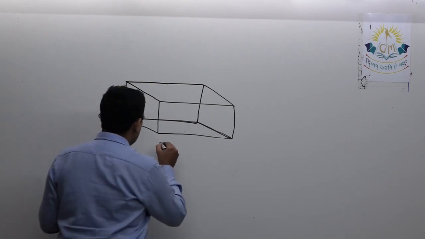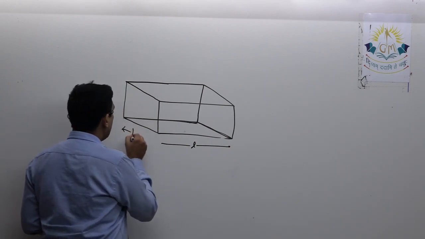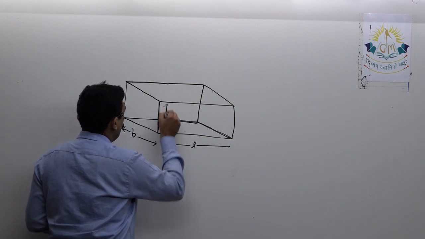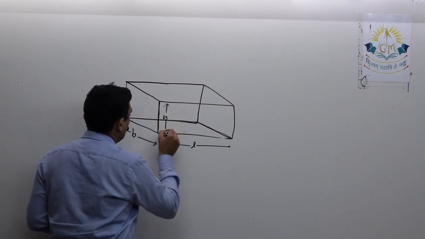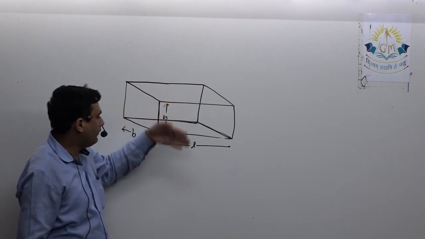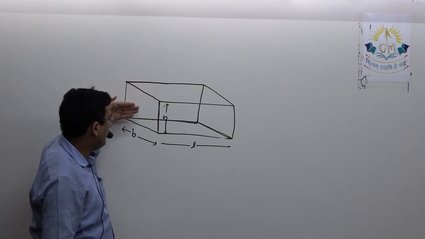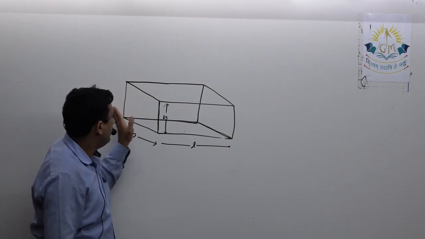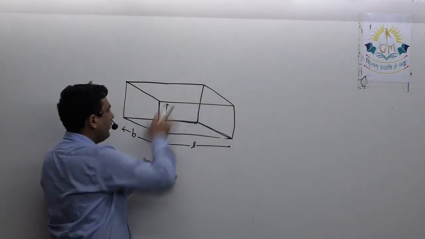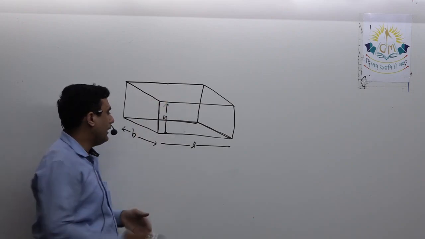So over here, if I consider this as length, this as width, that is breadth, and this as height, that is h, the area of the front wall is L into h. Area of the backside wall is again L into h. Similarly, the area of these two walls is B into h, the area of the lower wall, the floor, is L into B, and the upper wall, the roof, is L into B.